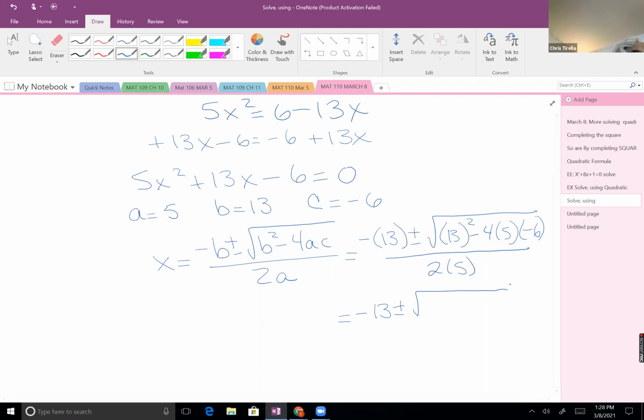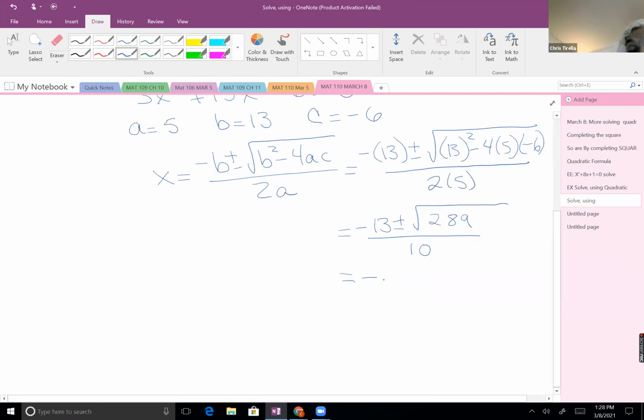I'm going to cheat and use my calculator. 13 squared minus 4 times 5 times negative 6 gives me the square root of 289 over 10. And when I take the square root of 289, I get negative 13 plus or minus 17 over 10.